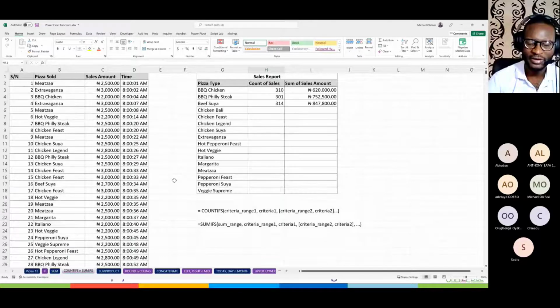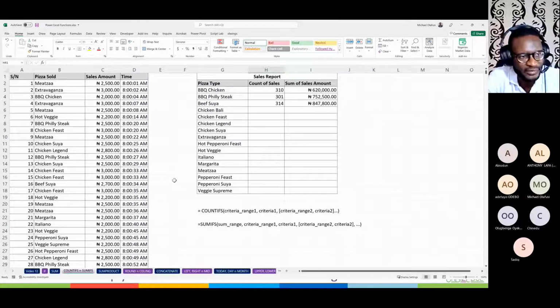So I tell people that this is an accountant's formula. Countif, sumif, especially sumif. You can't have a trial balance and you want to pull out financial statement or some financial analysis and you're not using sumif. I don't know what you are doing. No. Even that trial balance, to do the trial balance from the general ledger download, you will use sumif. Then you're working with bank statements.